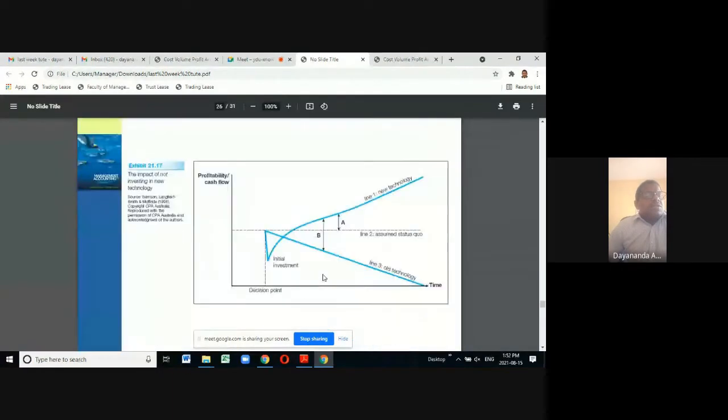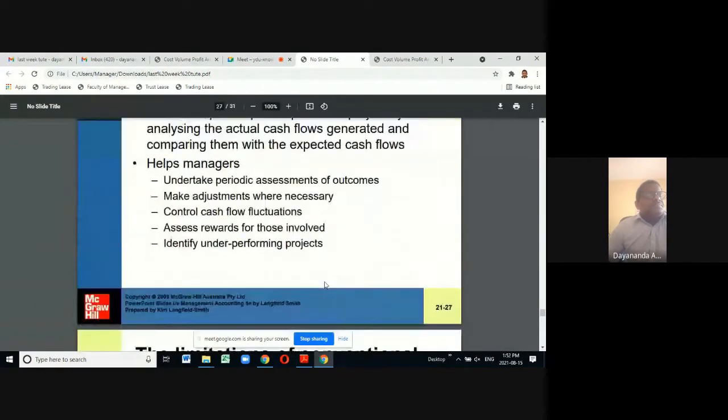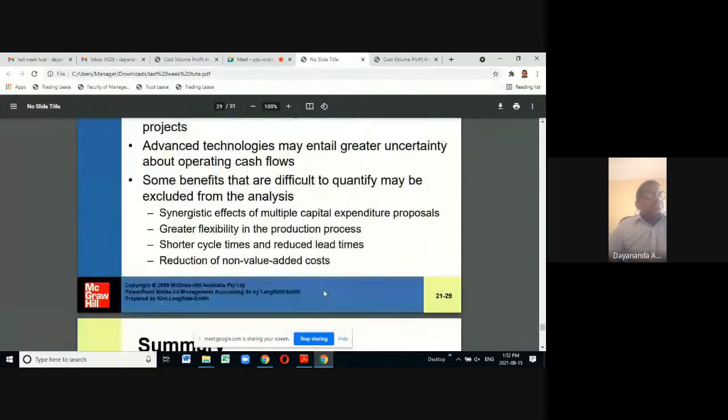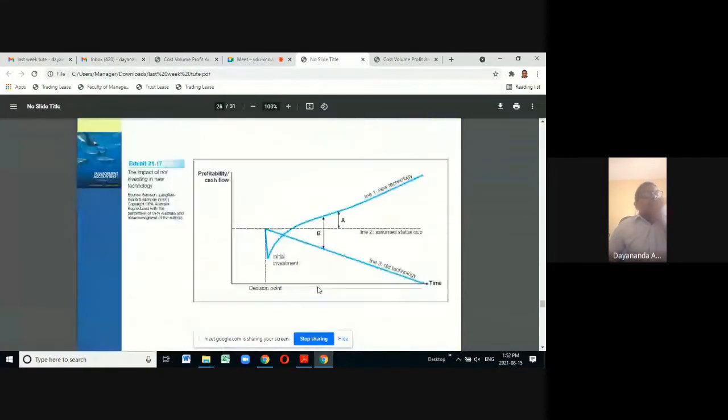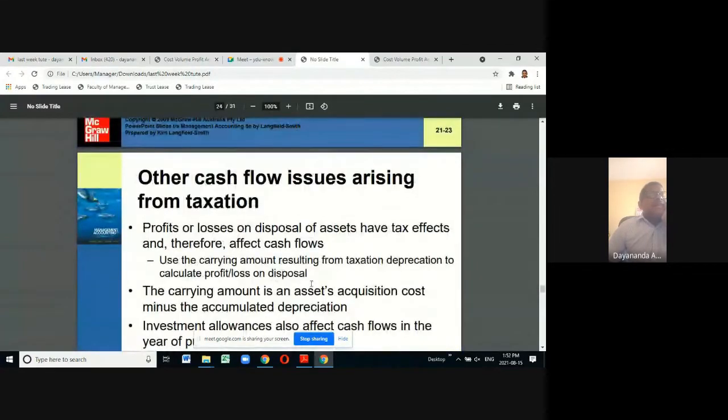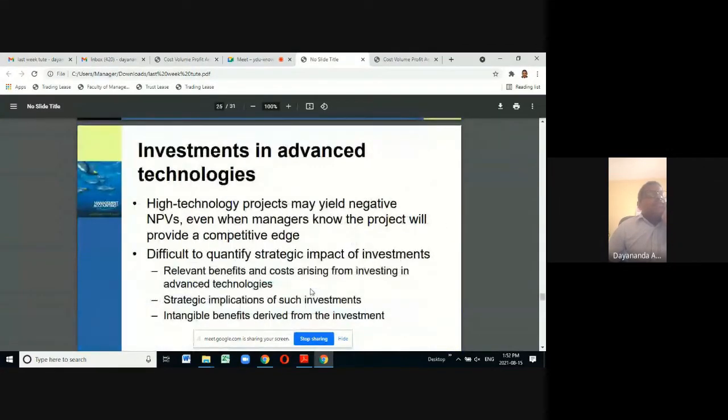Investment in advanced technologies, of course. Basically there we focus on high-tech projects, like projects of Nissan, Toyota, helicopter manufacturing, high technology oriented, a computer-aided manufacturing environment where robots are really working as laborers.